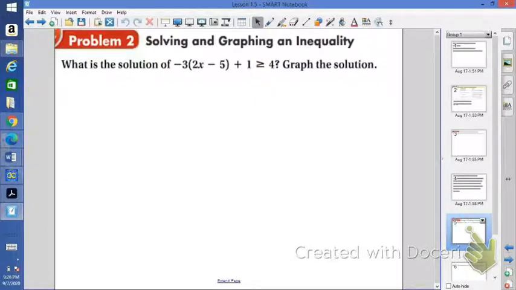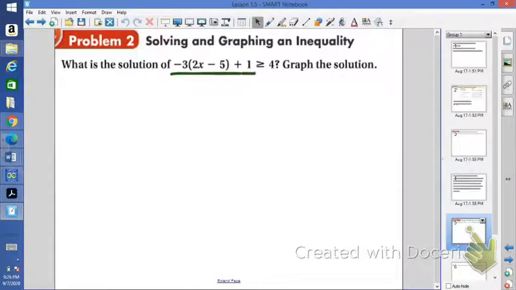Alright, so the first step is, remember our steps for solving equations. The first thing you want to look for is, can you simplify or combine like terms on the left or right hand side of the inequality.